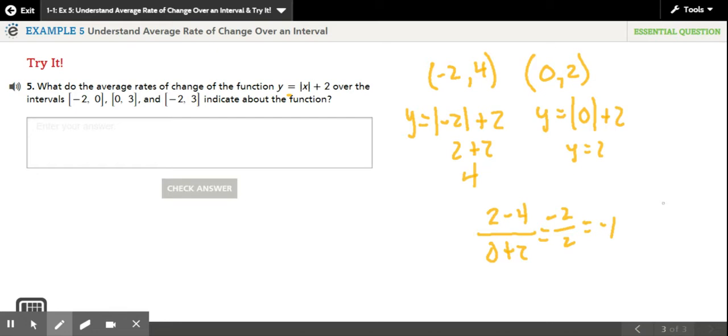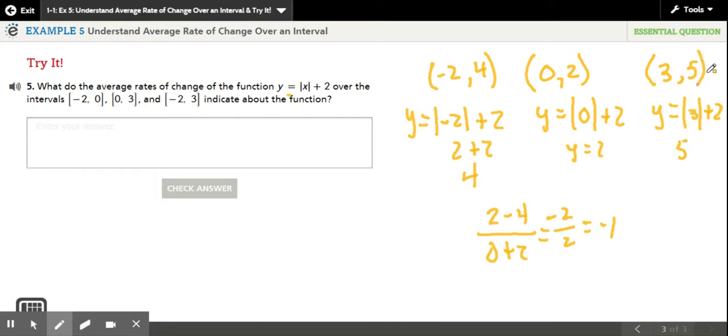Okay, I'm going to do the same thing from 0 to 3. Well, we already know the ordered pair at 0, so now we just need to figure out what is the ordered pair at 3. So when x is 3, what's the y value? I'm going to substitute 3 in for x like we have before. So y is equal to the absolute value of 3 plus 2. Absolute value of 3 is 3, and 3 plus 2 is 5.